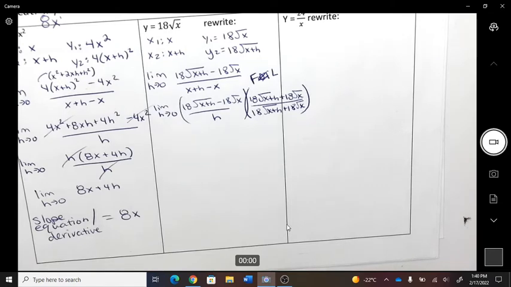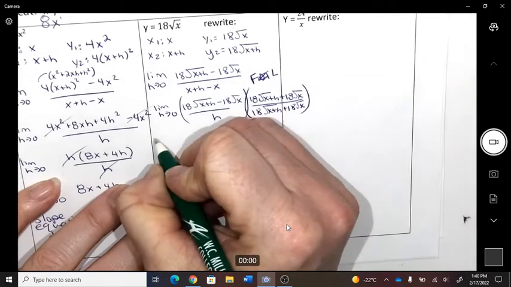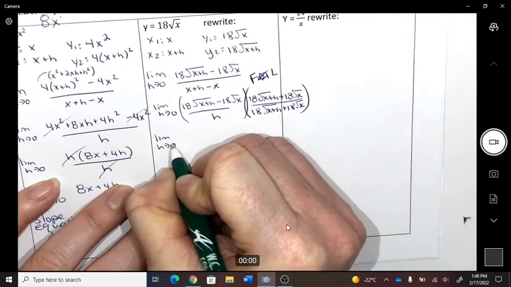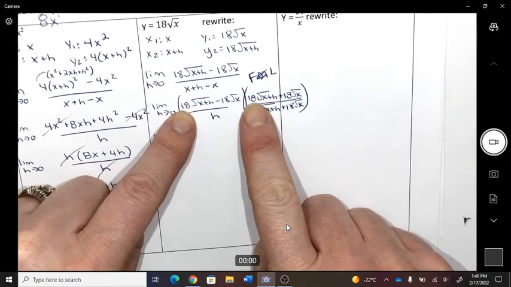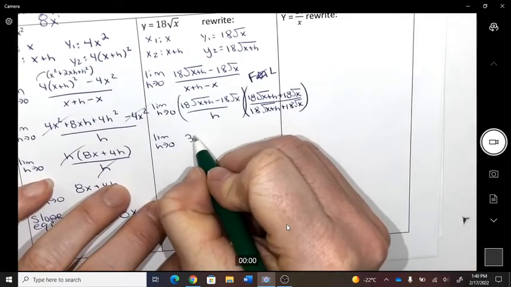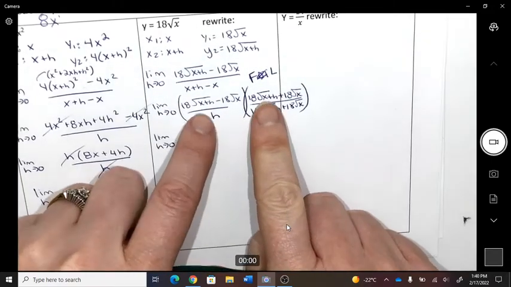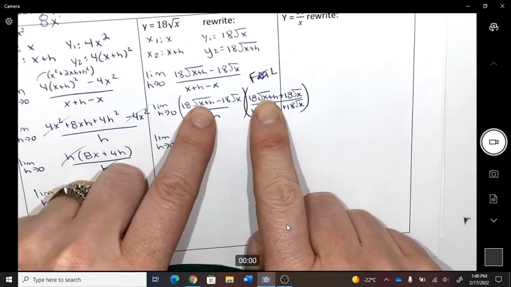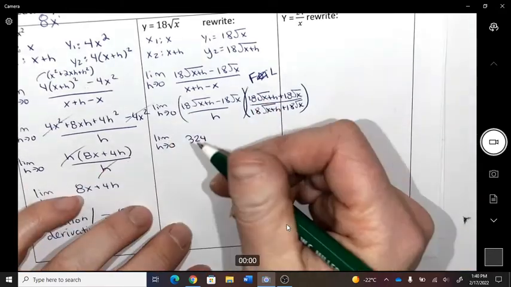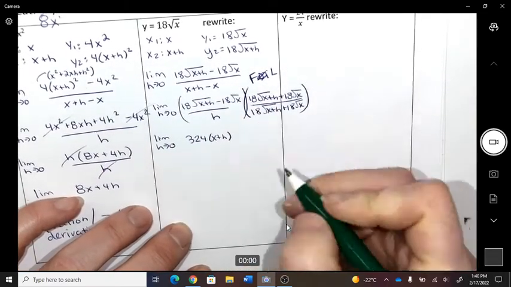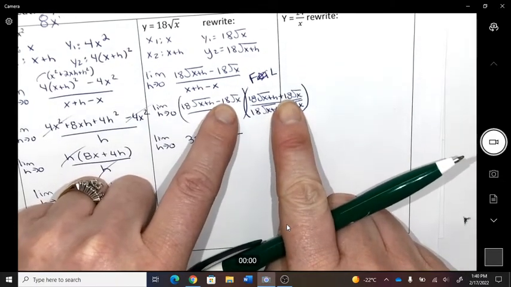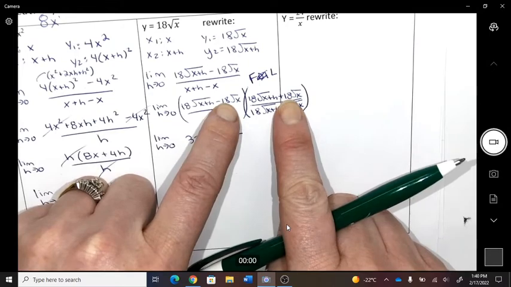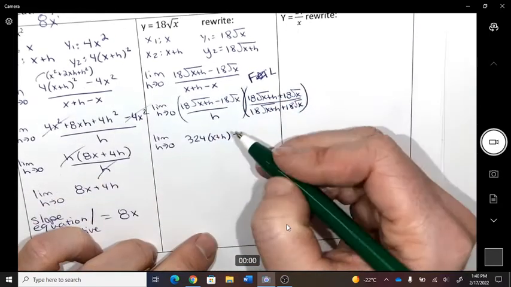That's going to happen. Okay, so first times first, I don't know, did anybody do 18? Is it 324? Yeah. 324. The same radical will cancel, so that's just x plus h minus last times last. So 324, and then the roots of the x's will cancel.